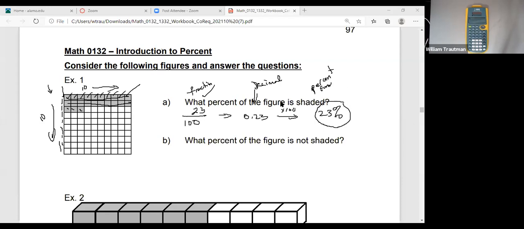Well, if 23 are shaded, 100 minus 23 is 77. So 77 out of 100 is not shaded. So that's 77%. 77% is not shaded. Alrighty, let's move on.